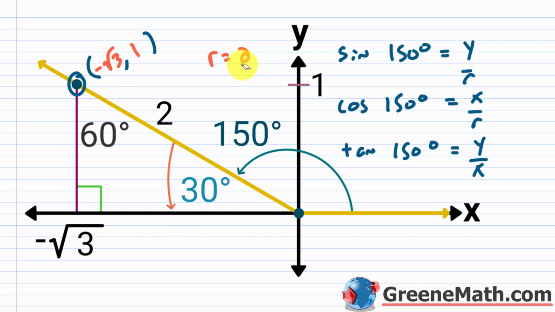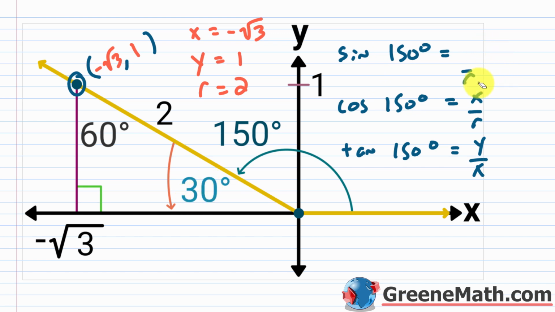Okay, so let me actually write this all out. The x value here is the negative of the square root of 3. The y value here is 1, and the r value here is 2. We're going to think about these values, and then we're going to compare them to these trig function values for this reference angle, which again is 30 degrees. So we have y over r. y is 1 and r is 2.